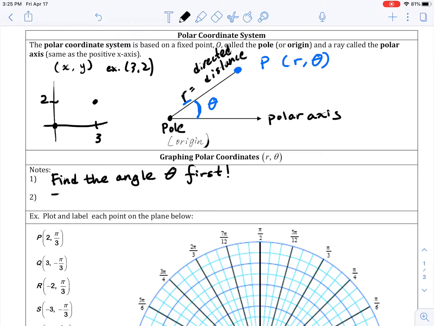So I'll write that. If r is negative, reflect over the pole. Okay.